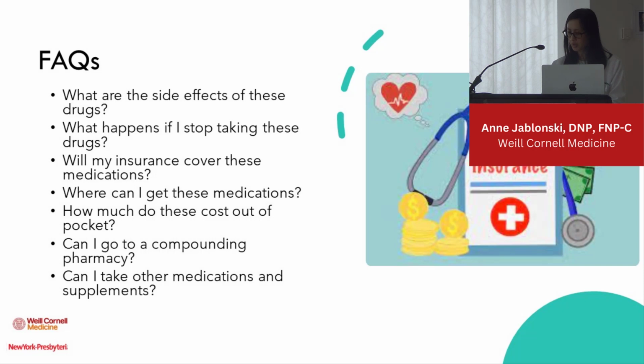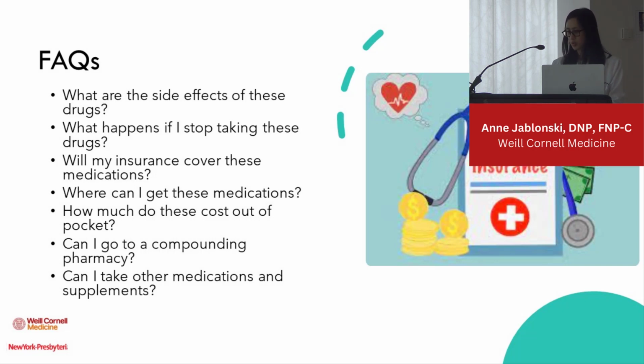Will my insurance cover these medications? One, no. Medicare and Medicaid do not cover weight loss medications. If the person has type 2 diabetes, then they might be covered. But for the most part, it's very hard to get insurance to cover it.